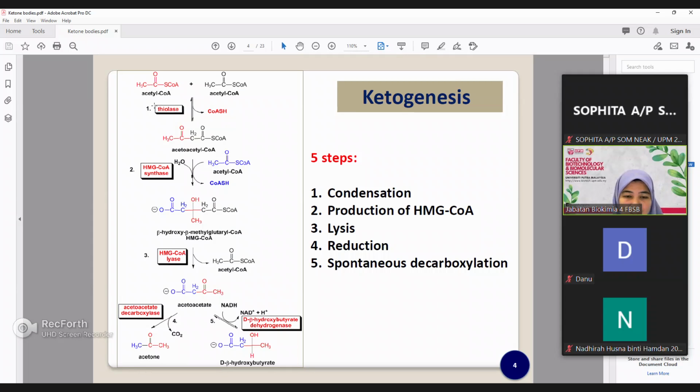These two molecules of acetyl-CoA condense together to form acetoacetyl-CoA, and this condensation step requires the thiolase enzyme, also known as acetyl-CoA transferase, if I'm not mistaken, because it transfers the acetyl group of one acetyl-CoA to combine with the other.